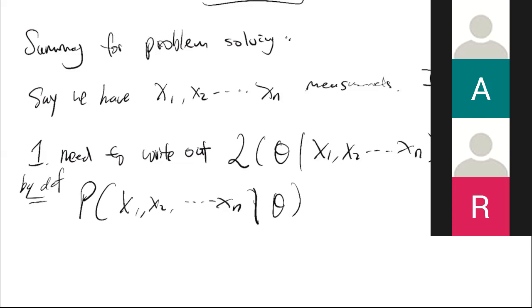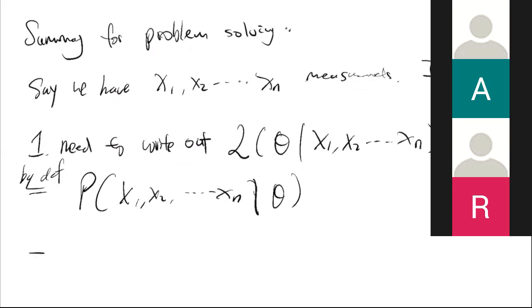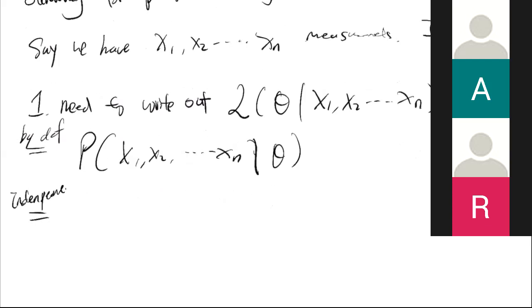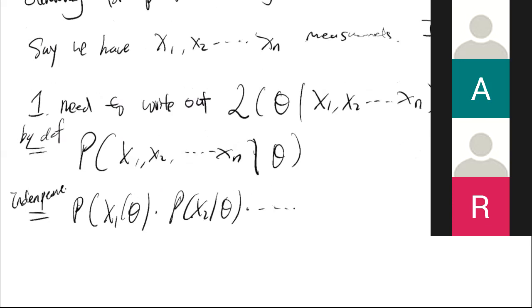And then another equation holds because of the independence. Remember, IID is independent and identically distributed. So because of the independence of these variables, we can write the probability as x1 given theta times x2 given theta times xn given theta.